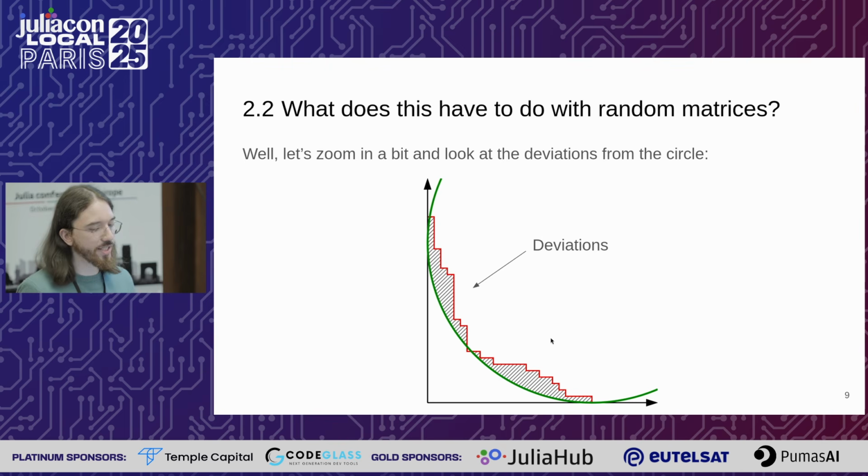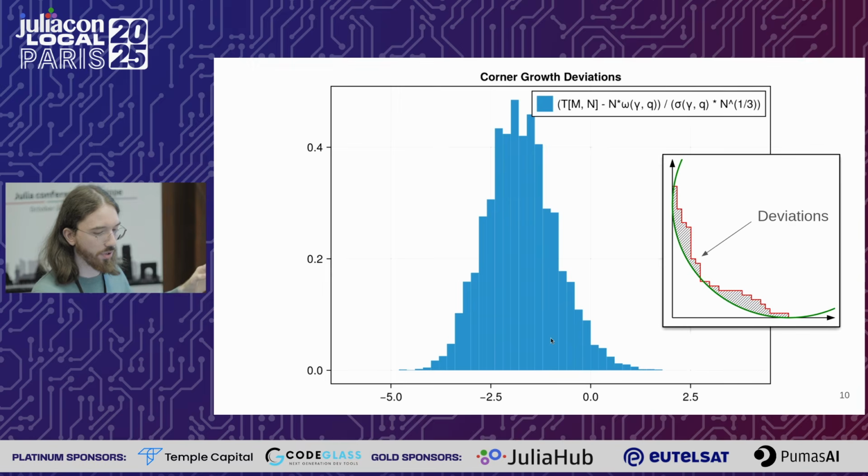So what does this all have to do with random matrices? Well, let's zoom in a bit and look at the deviations from the circle. So you have this growth from the corner, you have this circle or ellipse, and you now zoom in and look at how the frontier deviates from the circle.